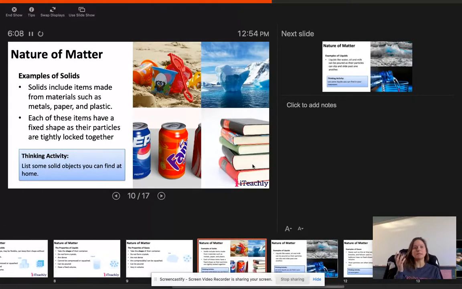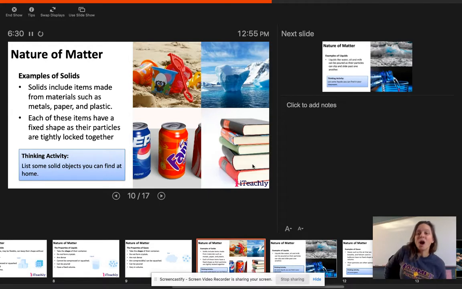So examples of solids: your book, mountains, the desk, the sea. These are all solid objects. Now, all of these objects can be made of different things. They can be made of metals, plastic, or glass. And the type of material they're made of determines how tightly packed and how dense the molecules are.